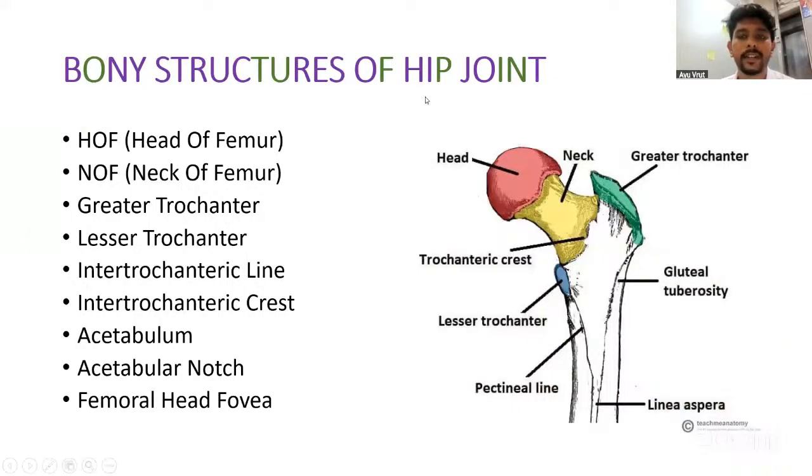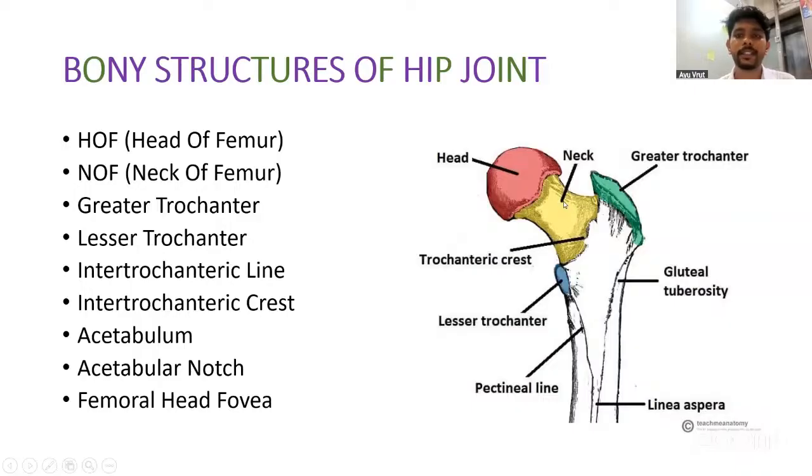What are the bony structures of the hip joint? Why is it important for us to know? Because the most common complaint is pain in the hip joint. It may be avascular necrosis, osteoarthritis, or rheumatoid arthritis. To know which region is involved and how to read the reports, you need to know this is the head of the femur, this is the neck of the femur.